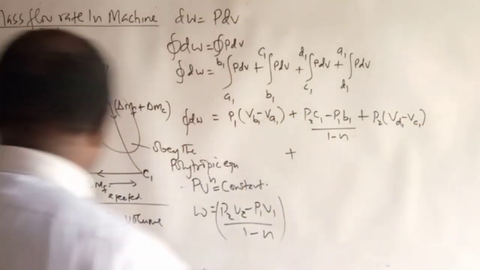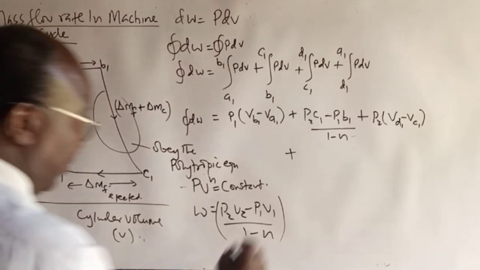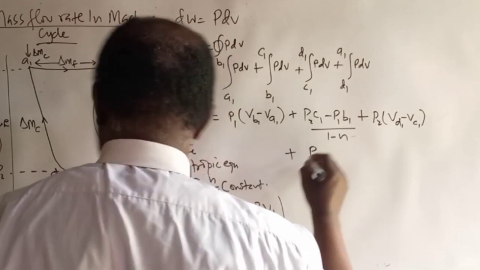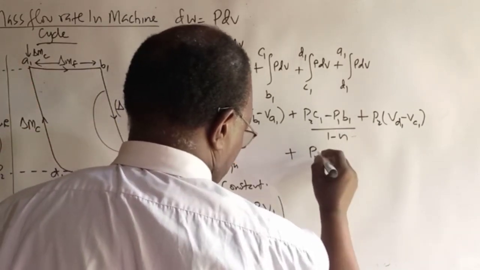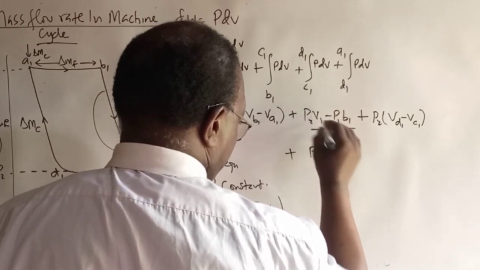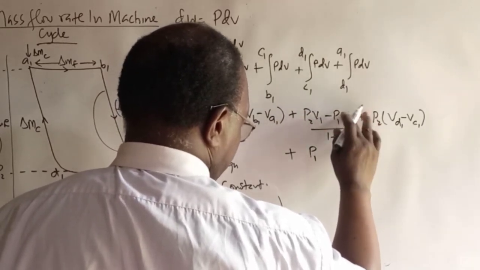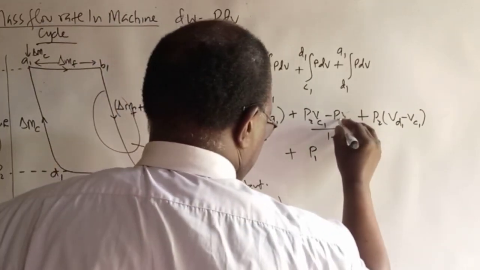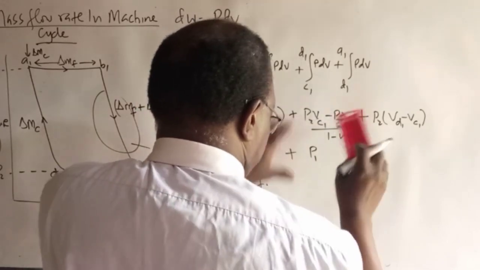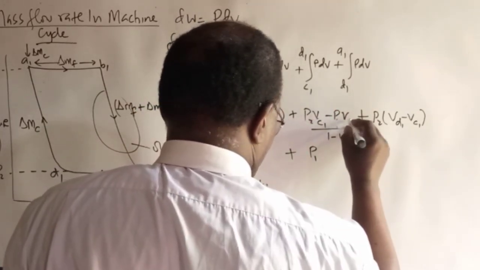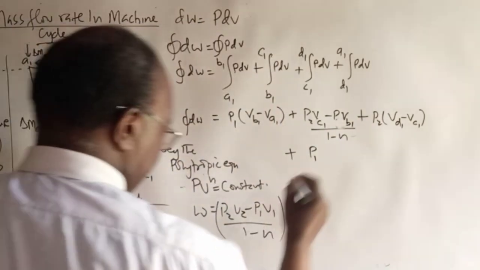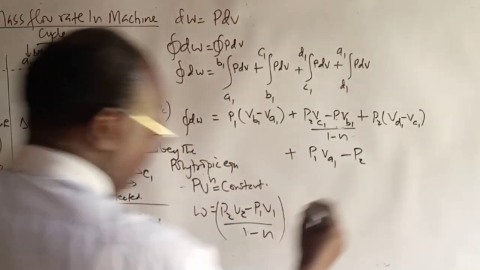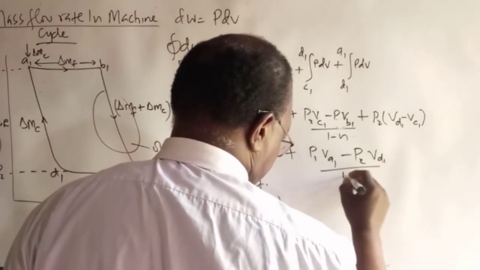And then finally, for the other polytropic process, we will have P1, volume A1, minus P2, volume B1, over 1 minus n. We just wrote it without taking the volume B1, so let's correct that.